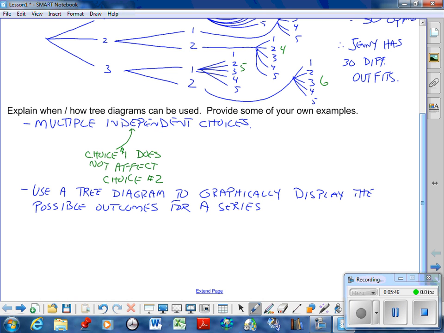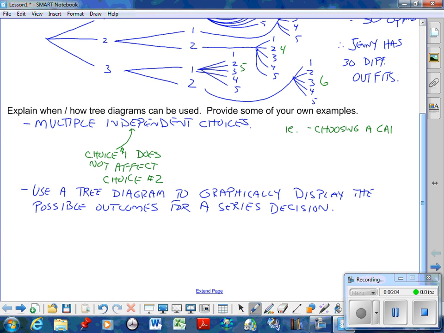It is a nice visual display, if you give enough room, that people can follow and say, oh, I can see why there were so many options there. Okay, some examples of this. Choosing a car.